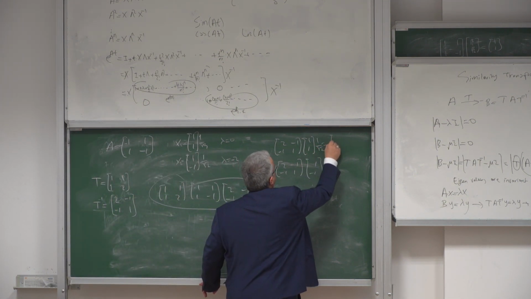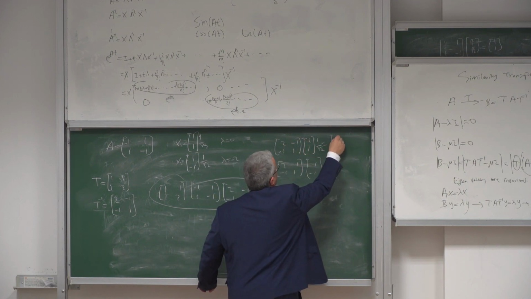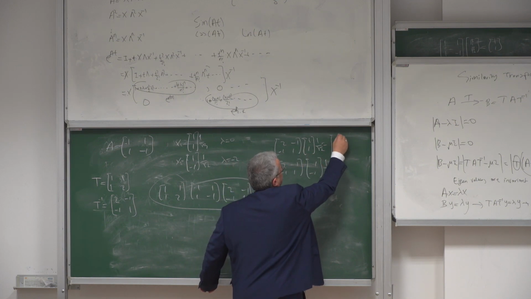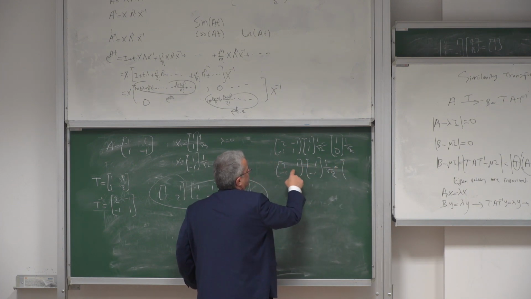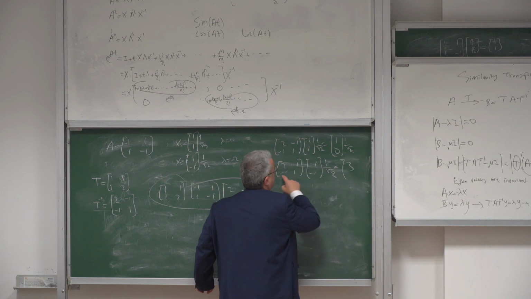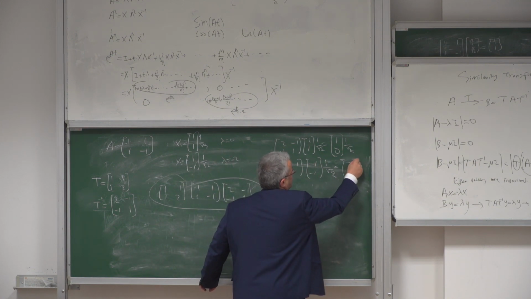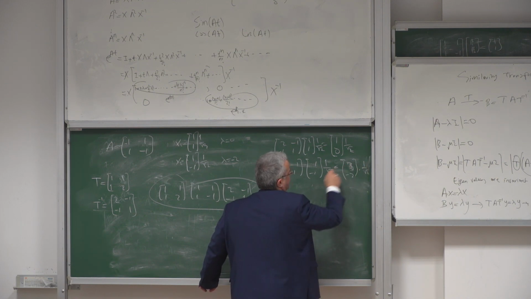Let's do the multiplication. So it is 2 minus 1 is 1, minus 1 plus 1, this is 0, times 1 over square root of 2. And this is 2, so this becomes 3. And this is minus 1, this becomes minus 2 times 1 over square root of 2.